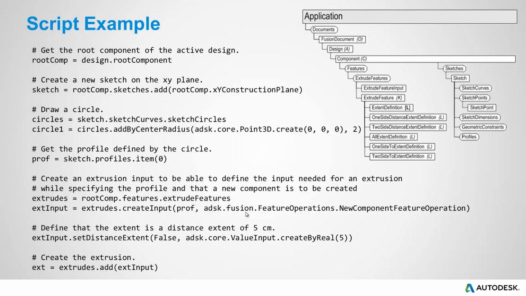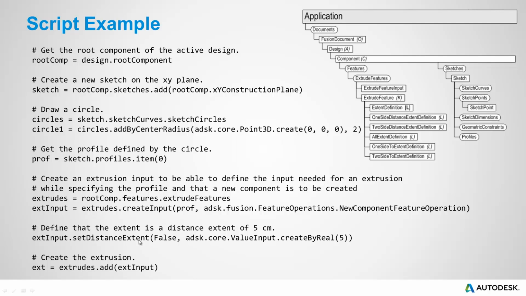Then the other settings on the dialog can be different depending on some other settings that I pick. Do I want to create an extrude that's a certain distance, or do I just want to go up to a certain face? In this case, on that input object, we call this set distance extent method to say we want it to go a certain distance.